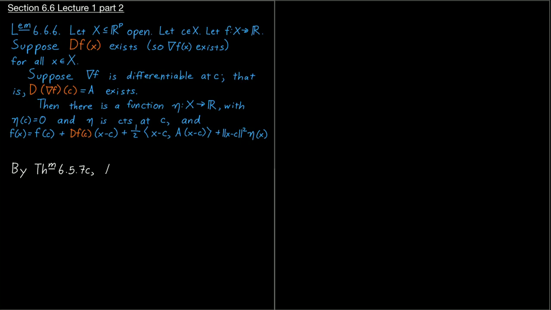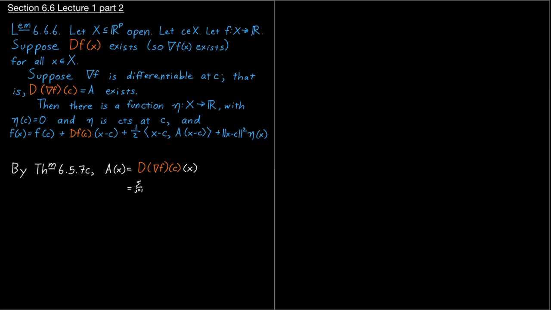If x is a vector, A of x, which we remember is the derivative of the gradient of f at c, and then you plug in x, our theorem gives us a nice explicit formula.